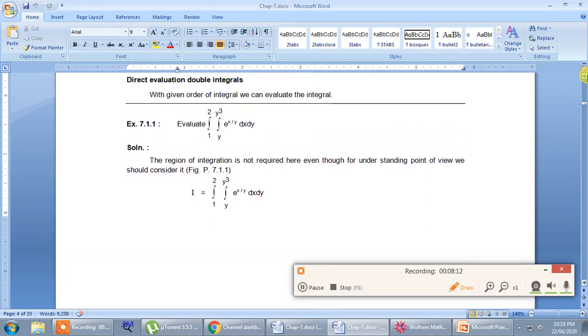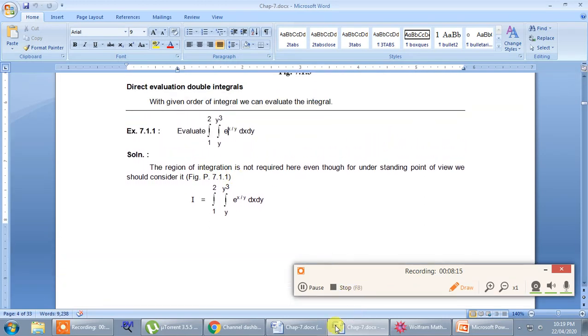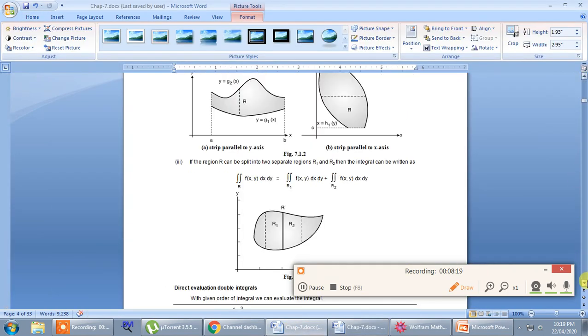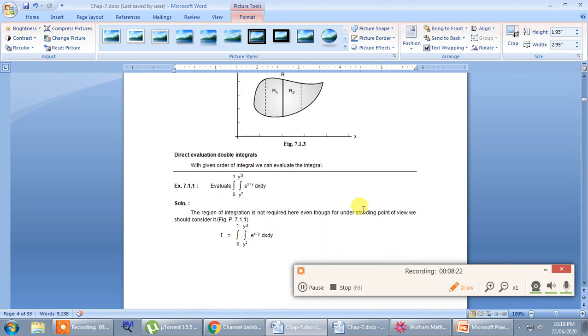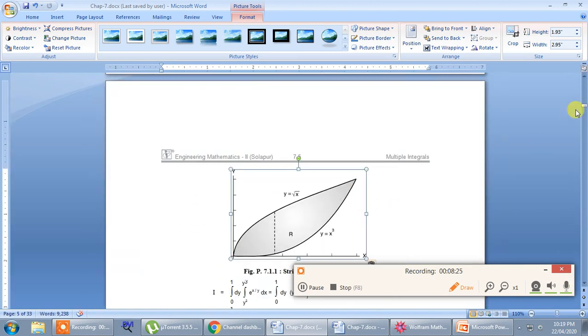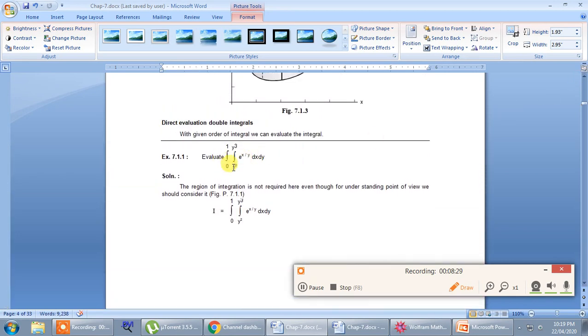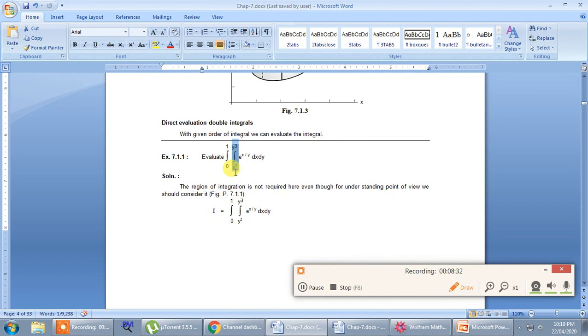So the inner integration limit starts with y square and ends with y cube, and the integrand is e raised to x by y dx dy. Note that e raised to x by y depends on x as well as on y.